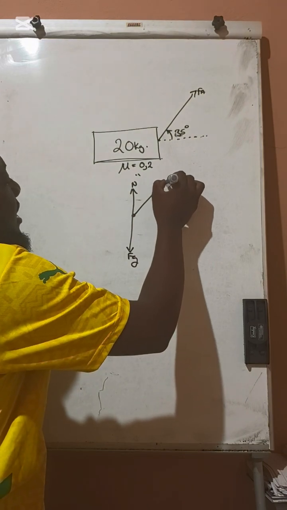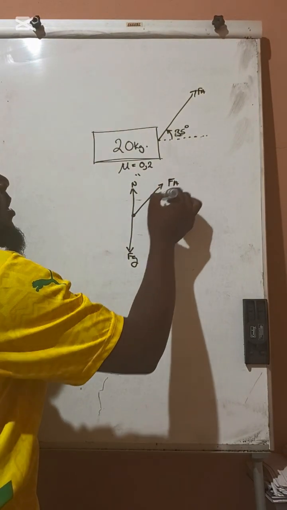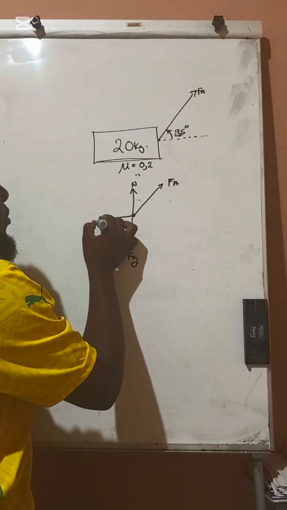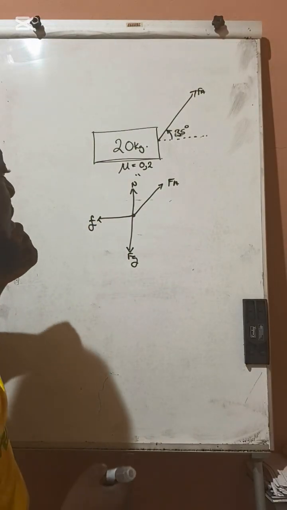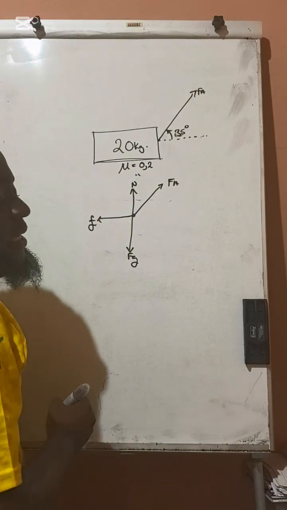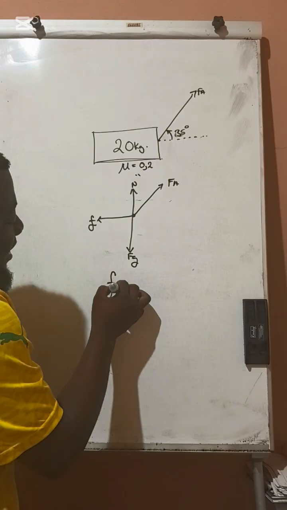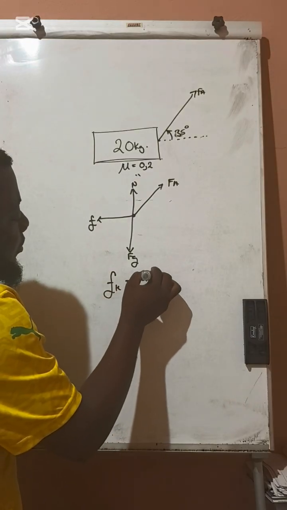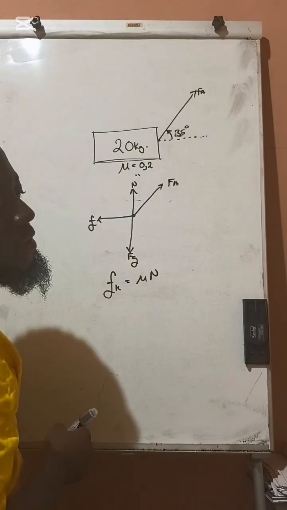Then in this direction, directed to the first quadrant, we have the force applied, and in the opposite direction we have friction as usual, the one that we will be looking for. So this is scenario number 2. Our frictional force is Fk equals mu N. Now we need to calculate our normal force.